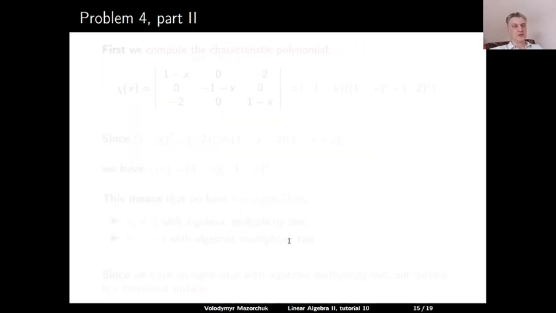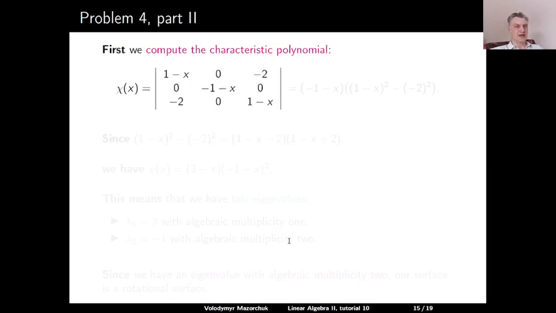So to determine the eigenvalues, we compute the characteristic polynomial. So we take our matrix and subtract x on the main diagonal, and we need to compute the determinant for the matrix 1 minus x, 0, minus 2, 0, minus 1 minus x, 0, minus 2, 0, 1 minus x.